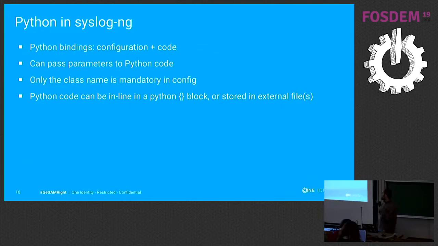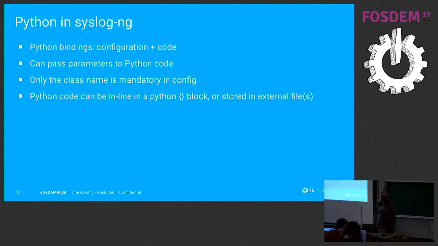You can also pass parameters to your Python code, so you don't have to hard code everything into Python, but have generic Python code which you parameterize from your syslog-ng configuration. The code itself can be stored in the syslog-ng configuration in a Python block, or stored in external files. You can put it in just any script and call it, or create a proper Python module and use that.